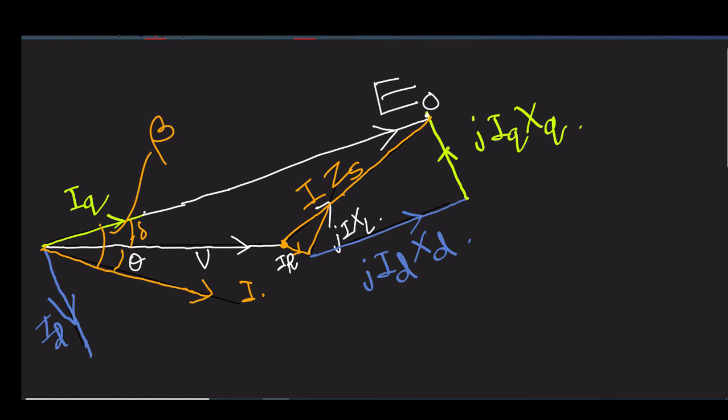Well, if that is the case, then let us proceed. Let us try to figure out the components of Zs, right? What you can see here is a very interesting thing: this is IR.